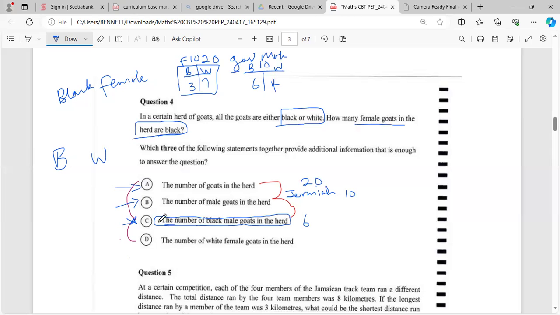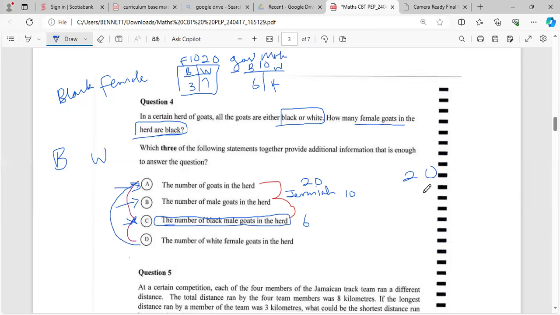Yeah, man. But I would say it's A, B, D. Because look, if we know the total number of goats, that gives it a limit, right? Which is 20. The number of male goats in the herd, which we say was 10.